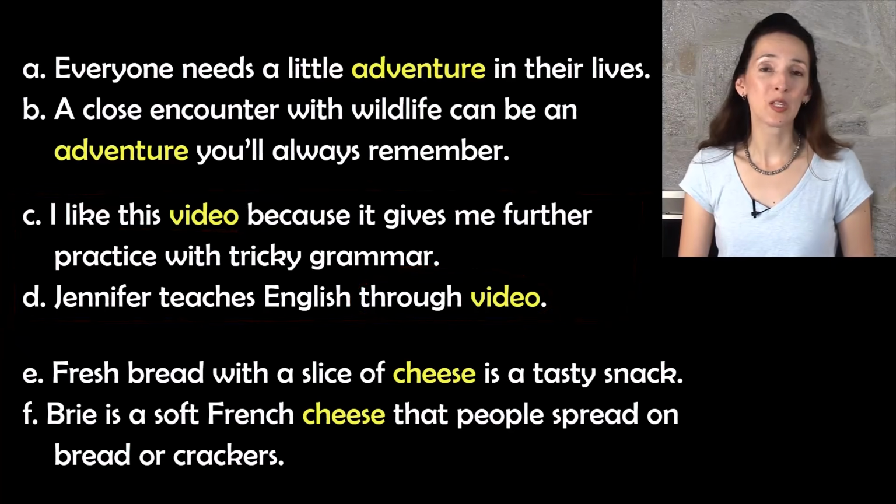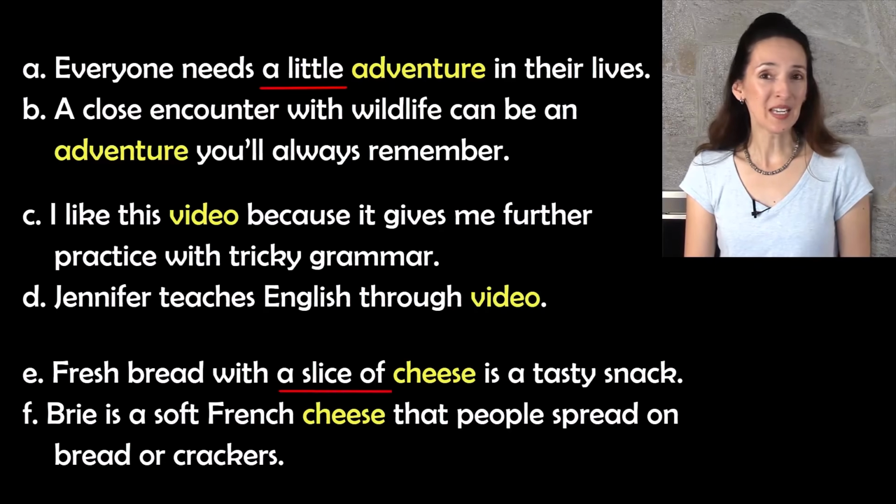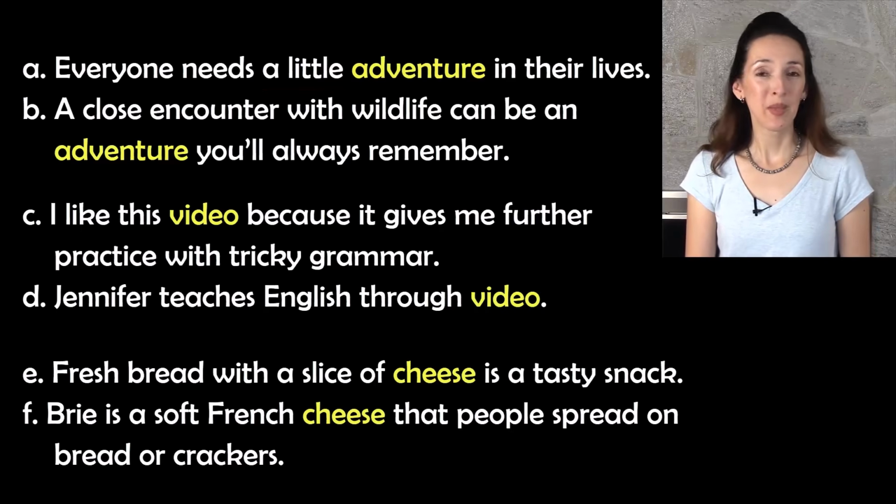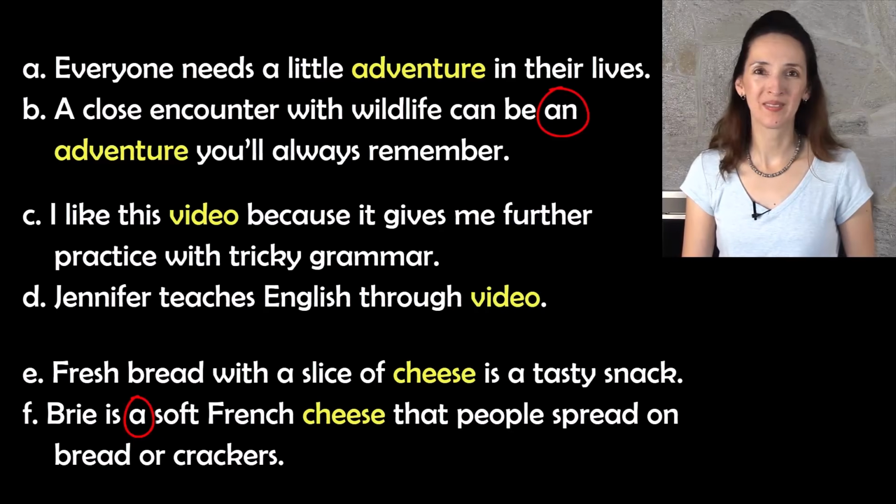Another clue can be the use of quantifiers. In sentence A, I use a little, and we can only use that with uncountable nouns. In E, there's a quantifying phrase that often combines with uncountable nouns that refer to food, a slice of. Remember that the indefinite article a or an refers to one.